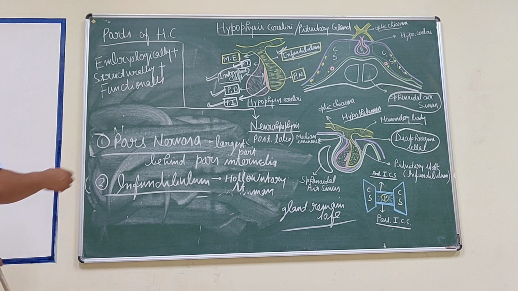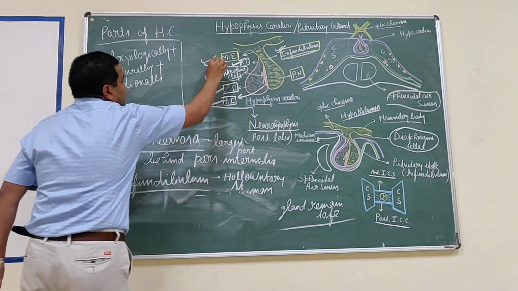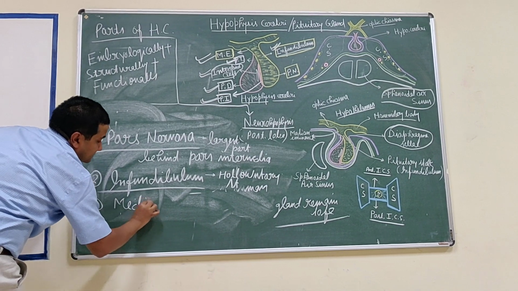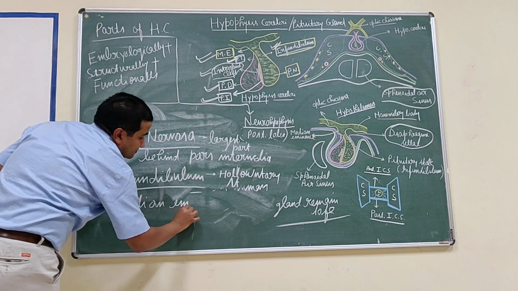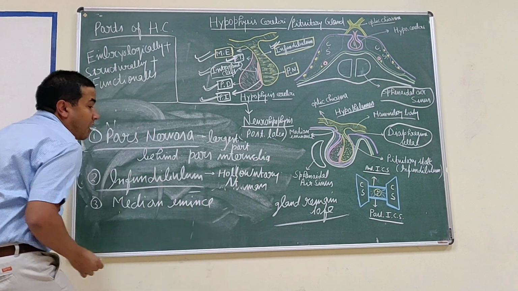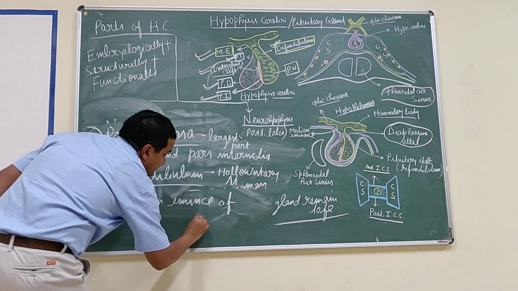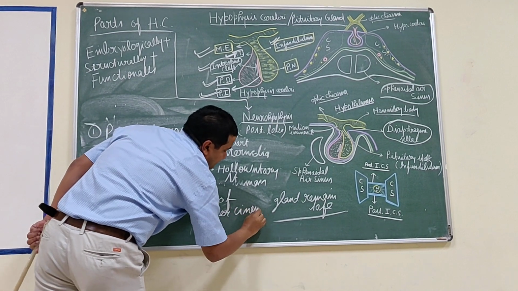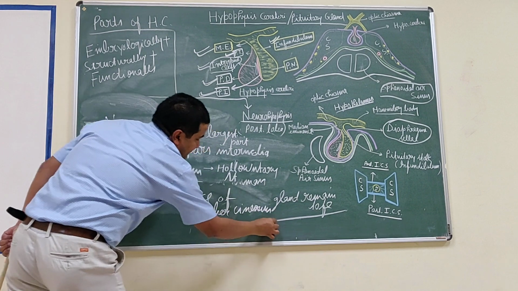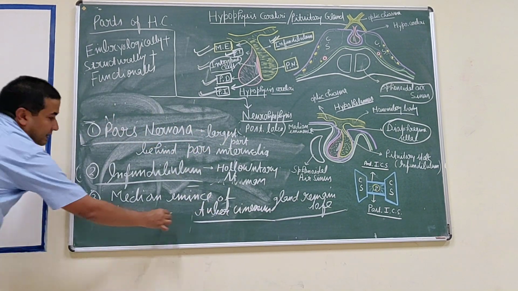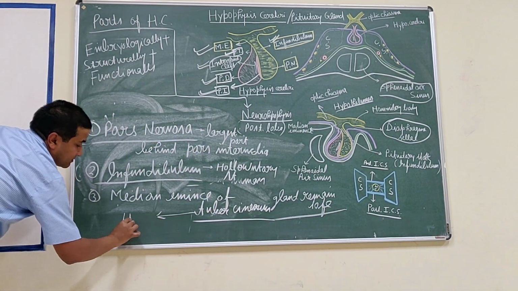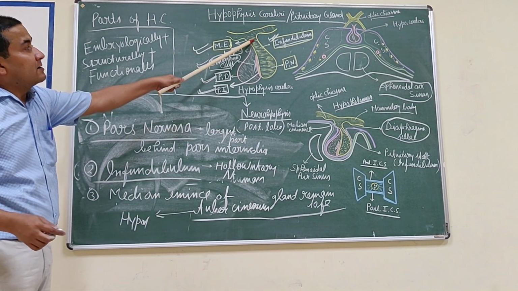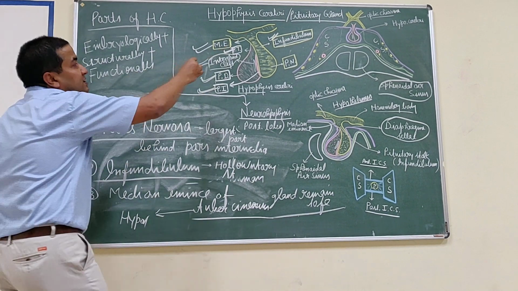Now the third part is the median eminence of tuber cinereum. This tuber cinereum is a part of the hypothalamus. At the junction of the infundibulum and the tuber cinereum, there is a bulging.